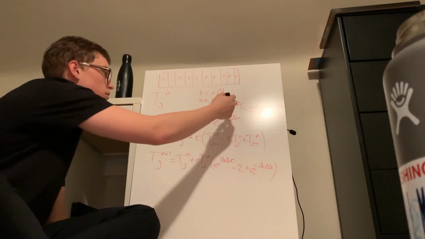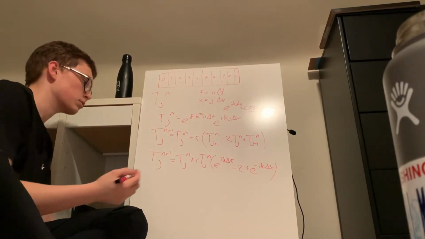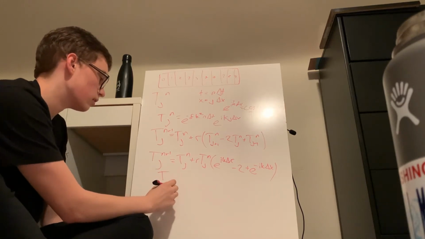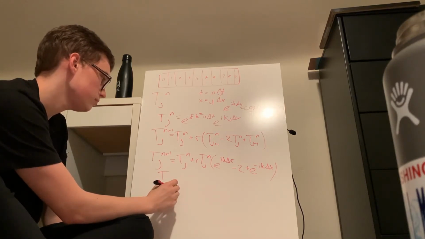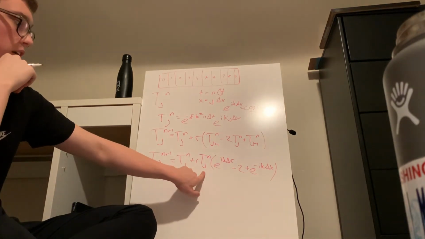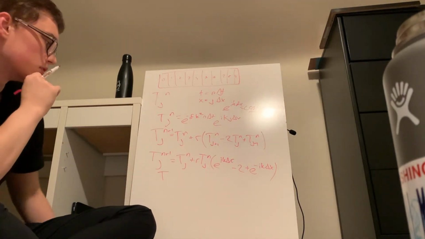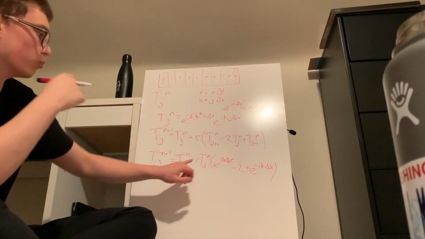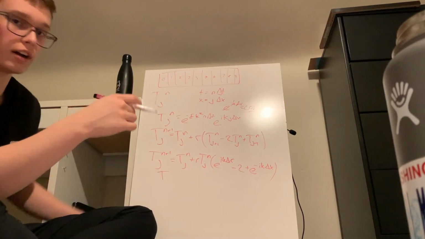And now we can use our substitution for cosine. I'm also going to combine these two T j n's here. Again, we're eventually working down to separate this r out.